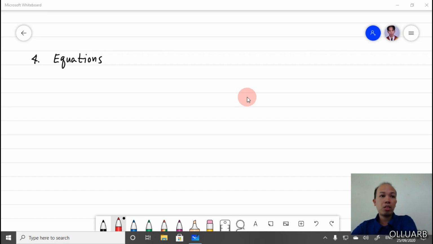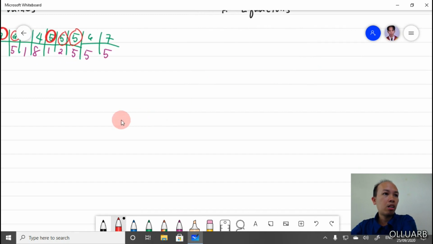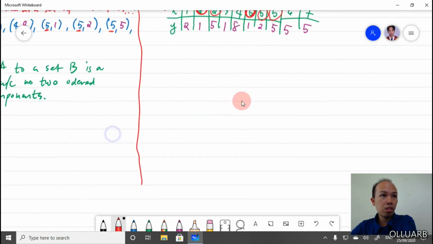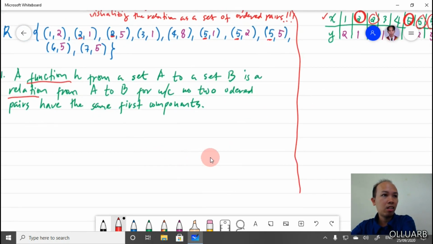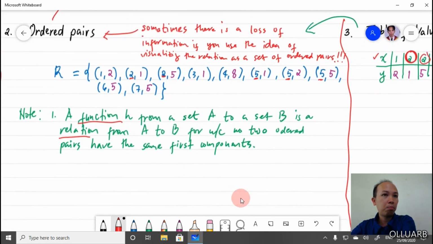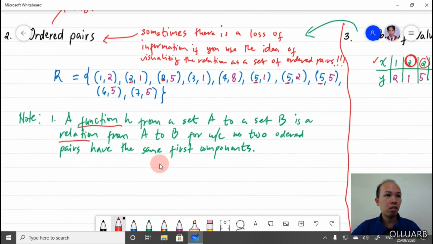Okay, because as you can see in our previous discussion, I put a note here on how to visualize functions using the set of ordered pairs or the concept of ordered pairs.